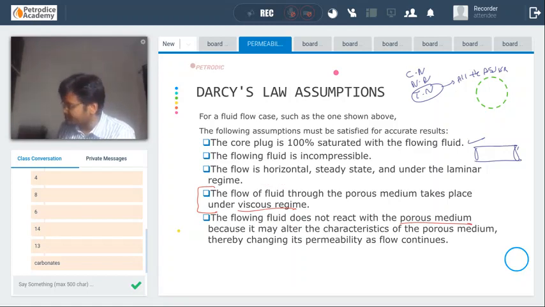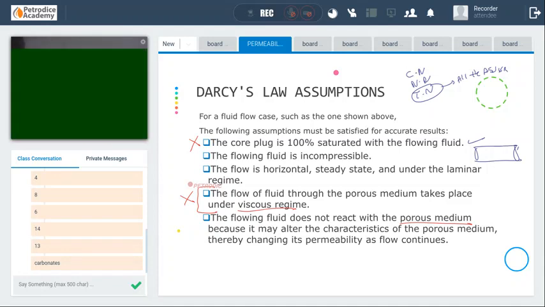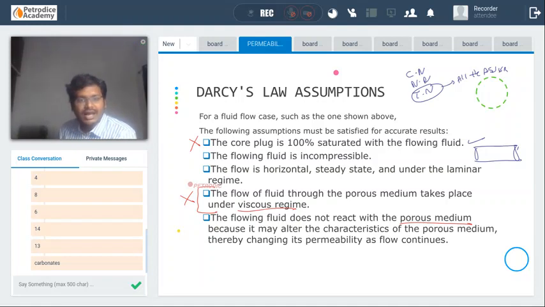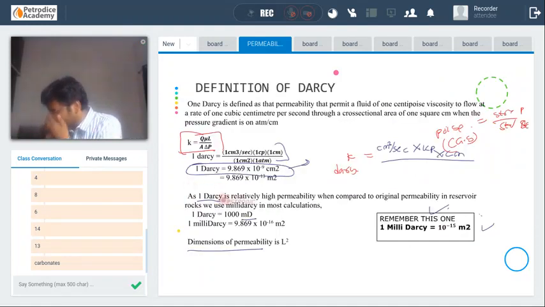Right now, this particular one is not satisfying them. Not only is the viscous regime present, even the capillary regime comes into play. So two of the assumptions have been nullified or broken.